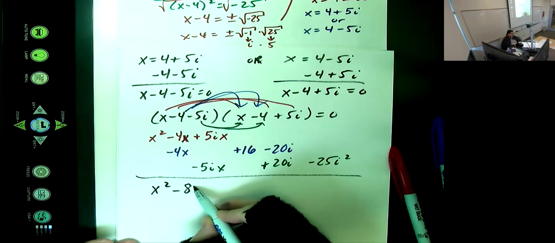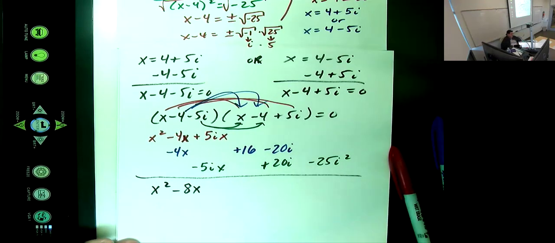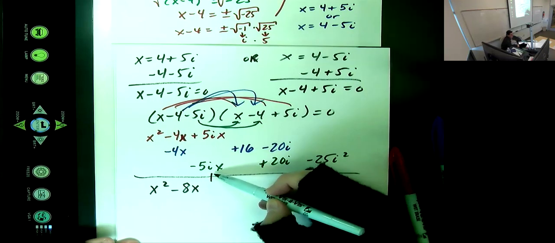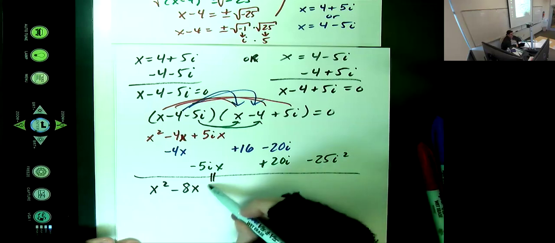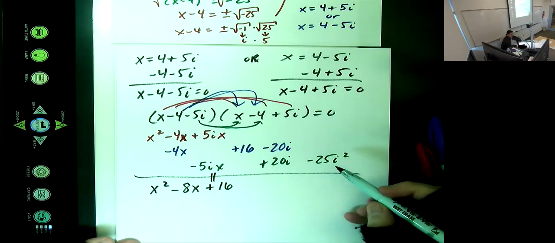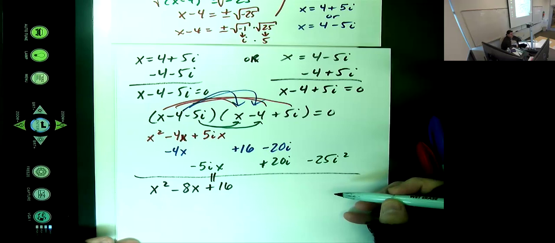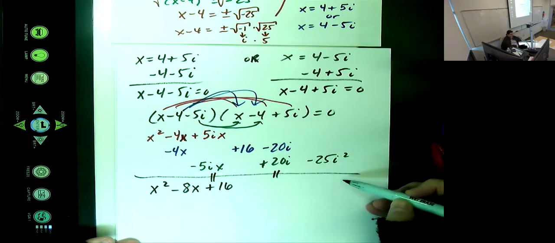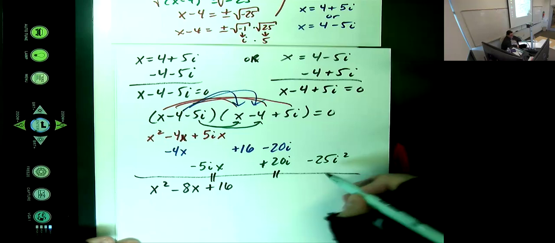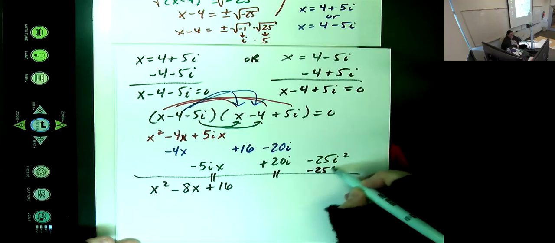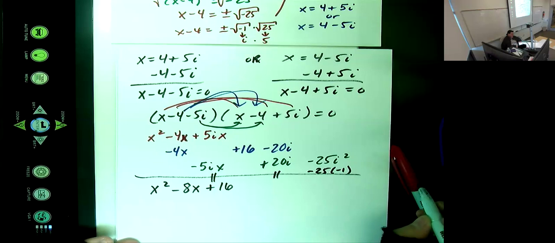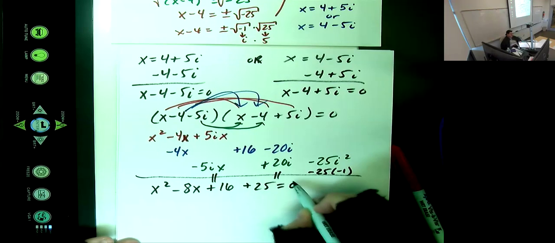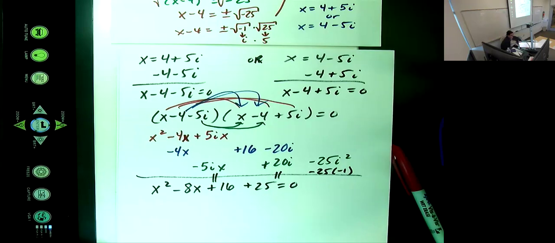I have x squared minus 8x. These cancel, right? I've got a plus 16. The i's cancel, those go away. And -25i squared, i squared is -1, so -25 times -1 is 25. And we still have our equal 0.